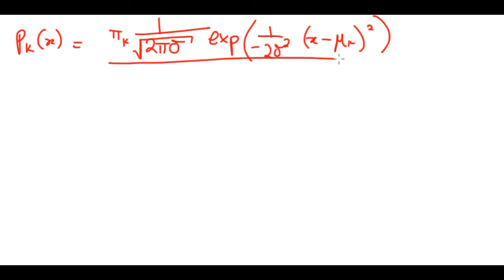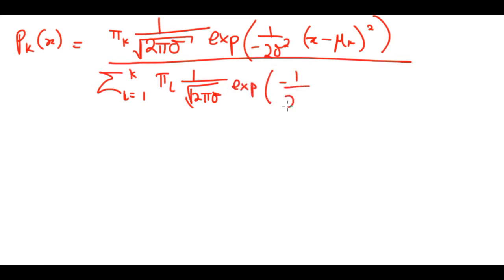This is going to be equal to, divided by the summation of l equal to 1 up to k of pi l times 1 over square root of 2 pi, exponent of minus 1 over 2 times (x minus mu l) squared. Please bear with me as I rewrite it here, because I'm going to reference it. This looks very nasty, right? And it has exponents and stuff like that. As a challenge to yourself, try to rewrite this formula, getting rid of the exponent using logarithms, right?